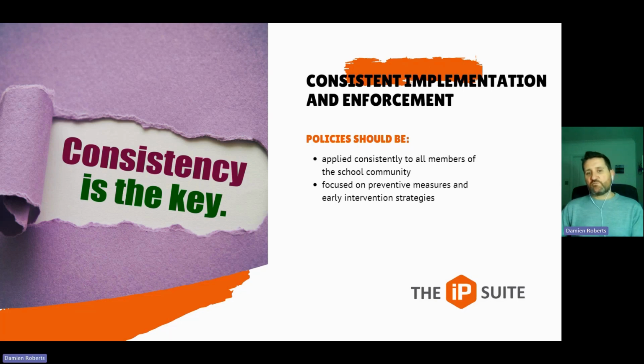Schools should focus on preventative measures and early intervention strategies rather than solely punitive actions. By addressing potential issues at an early stage, schools can create a more supportive environment and reduce the likelihood of recurring problems.